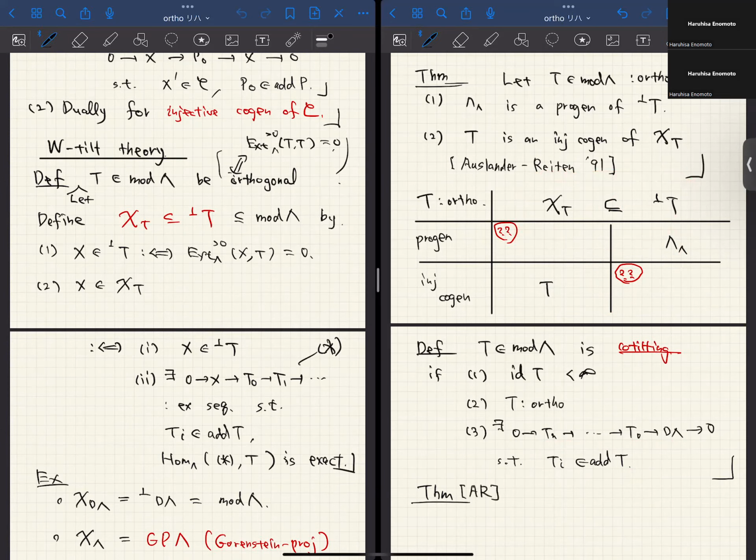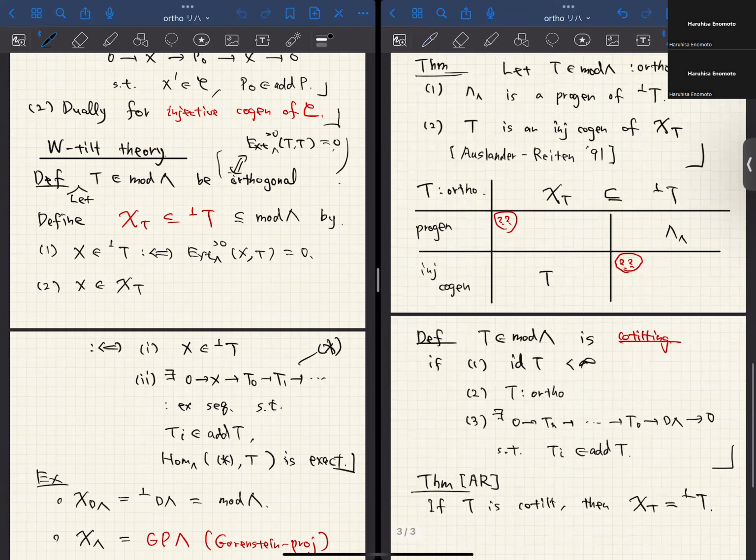This is one of the results. If T is cotilting, then they show that these two subcategories coincide. In particular, these become equal.